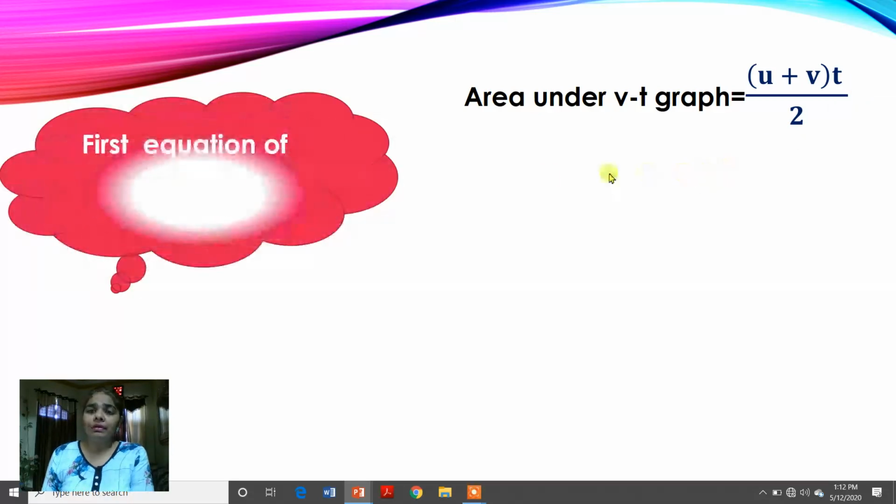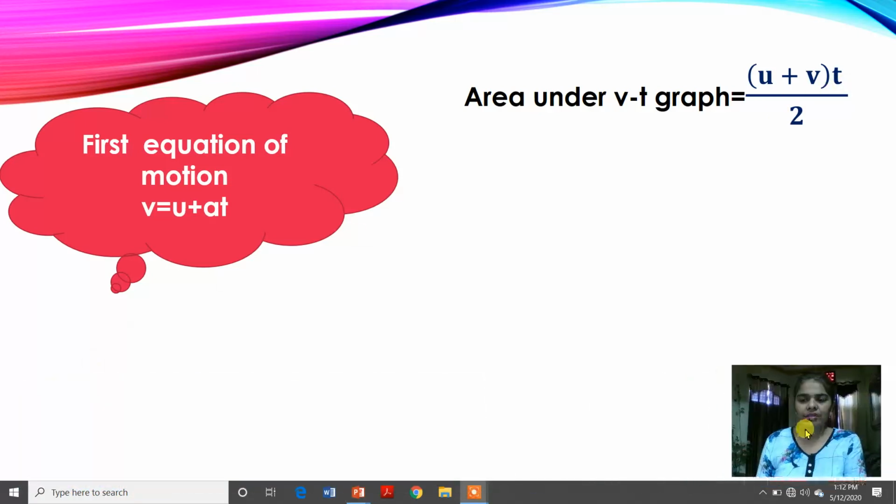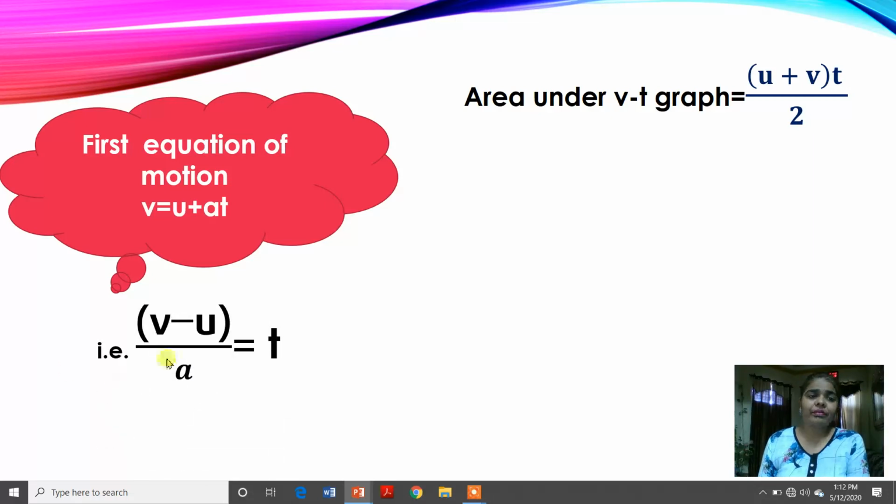Now, remember the first equation of motion, v equals u plus at. From this equation, we will find the value of t and then substitute this value of t here, and we'll derive our third equation. Let's see how. Now we can write (v minus u) upon a equals t. How?